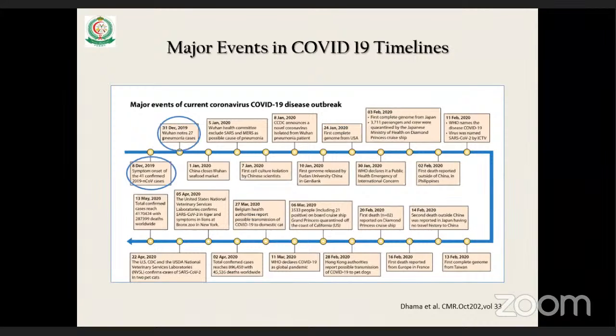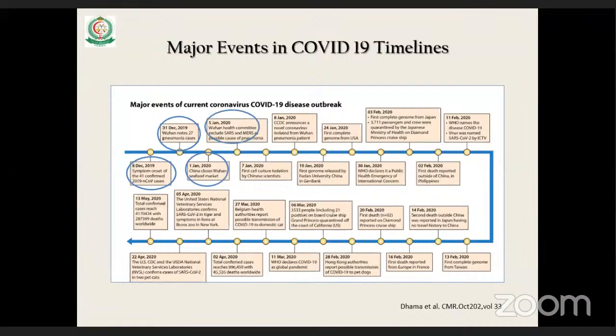Again, no cause of pneumonia was found. Both clusters had a link to the Wuhan city seafood market. So by 1st of January 2020, the Chinese government closed that seafood market.